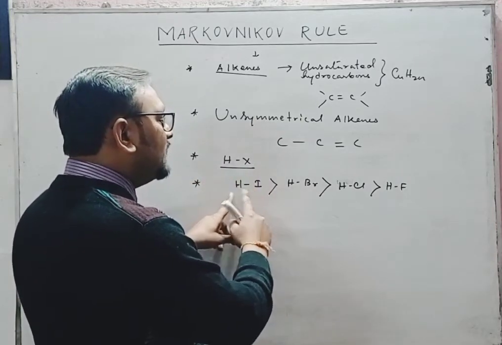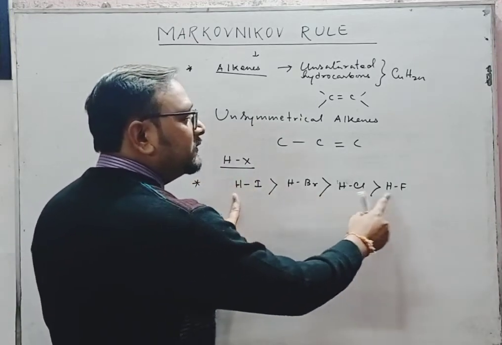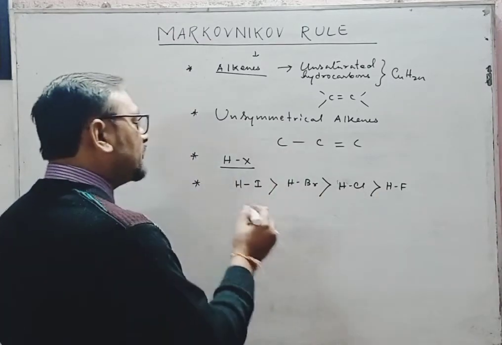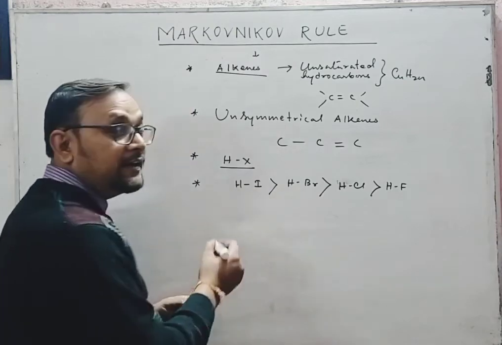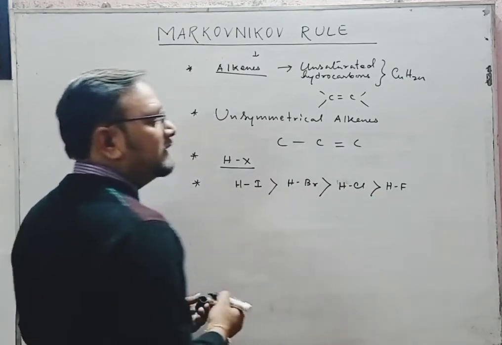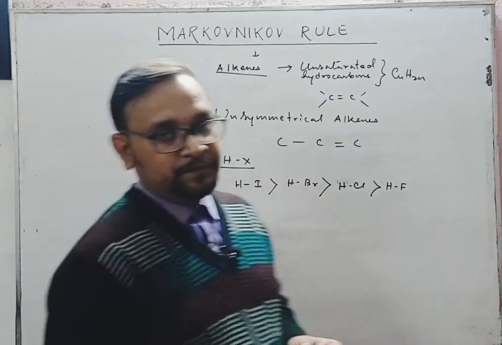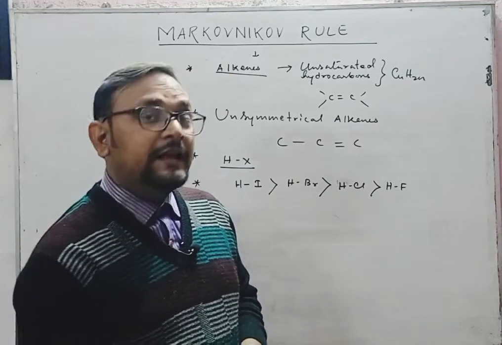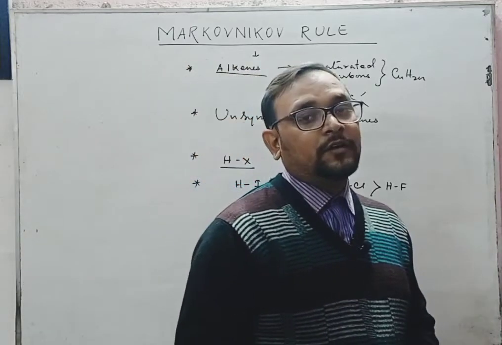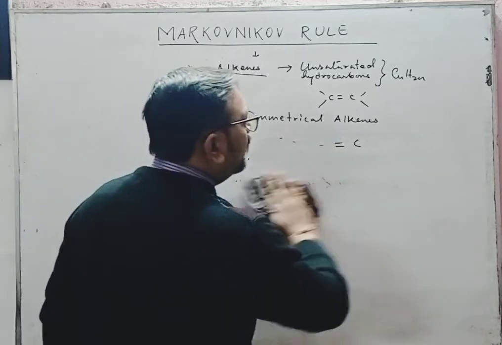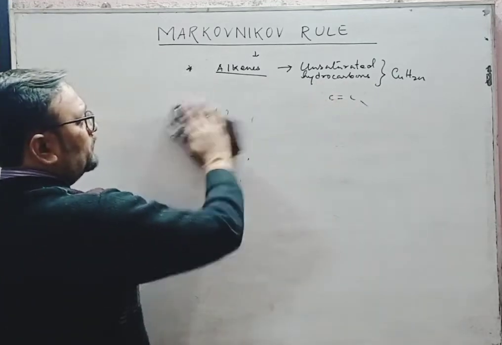HX means HI, HBr, HCl, HF, and the order of the reaction is HI greater than HBr, then HCl, and finally HF. So these are a few important things. Now let us move on to Markovnikov's rule.